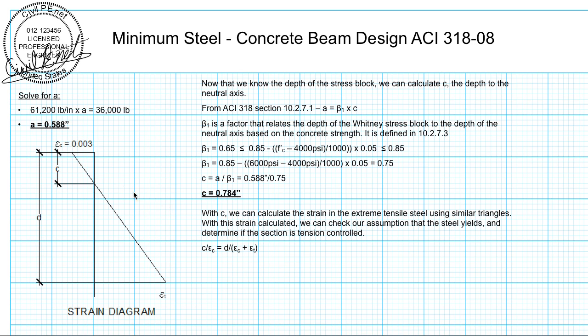Using similar triangles, C divided by the strain in the concrete is equal to depth D divided by the strain in the concrete plus the strain in the steel. Rearranging and putting in our values, we get that the strain in the steel is equal to 0.08.